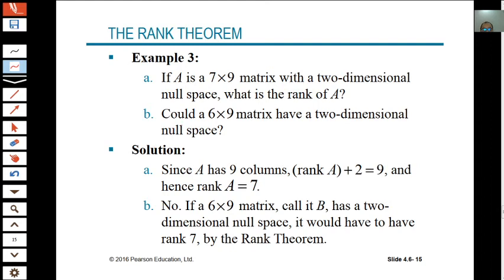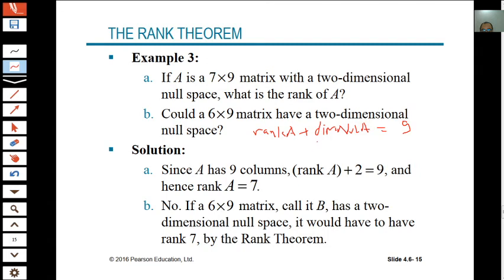The second question for the same example: could a 6 by 9 matrix have a two-dimensional null space? So we know rank A plus the dimension of the null space is equal to the number of columns, which is equal to 9.